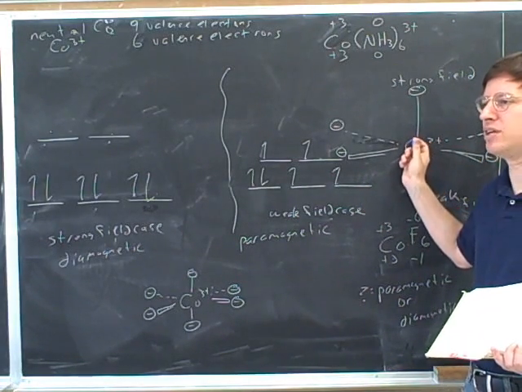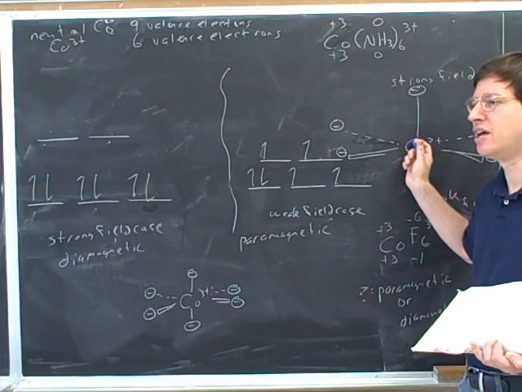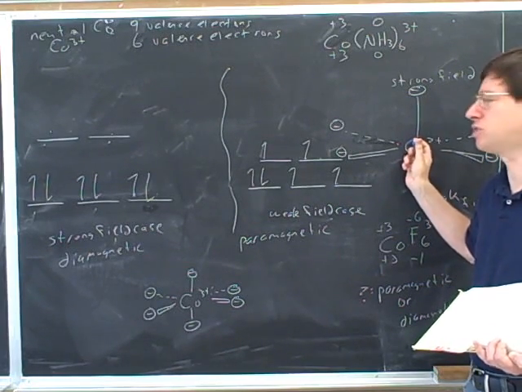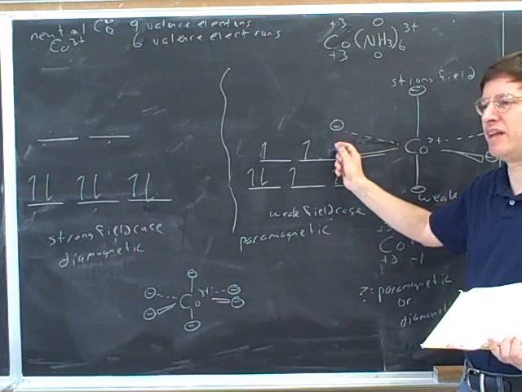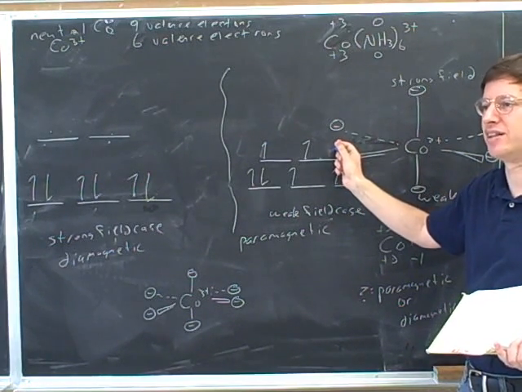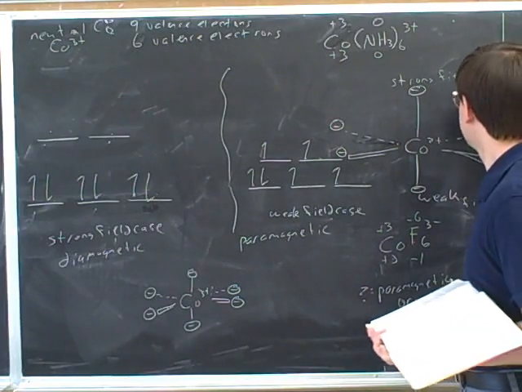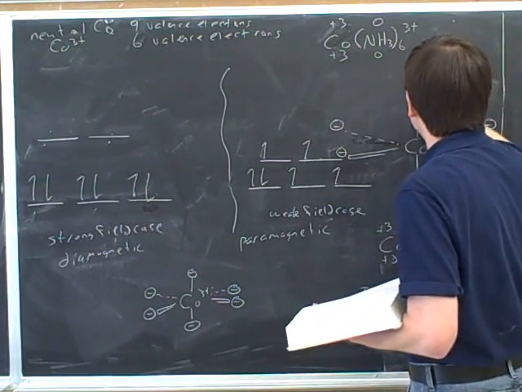If the lone pairs are pointing towards the ligands, they don't like it, but it doesn't make that big of a difference because they're still a long way away from the ligands. So you'd only go up by a small amount in energy if you were pointing directly at the ligands. So this would tend to be the weak field case.